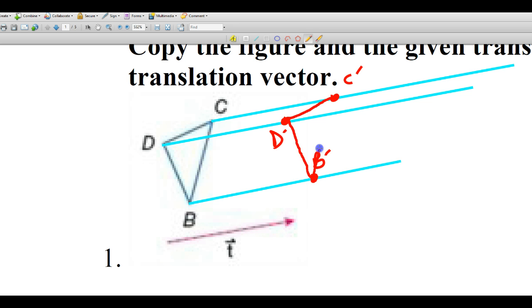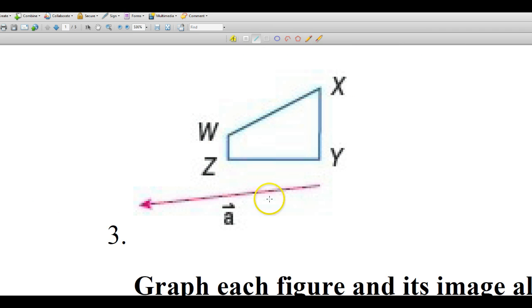And then connect your vertices. So this would be the image translated along this vector. So we want to translate along this vector. So to the left, we're sliding it to the left.